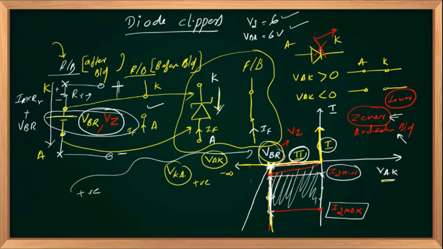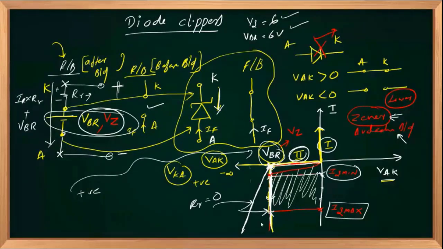So you can expect a slope in the reverse breakdown characteristics if the reverse breakdown resistance RR is not equal to 0. And the curve goes to the original one if RR equal to 0.